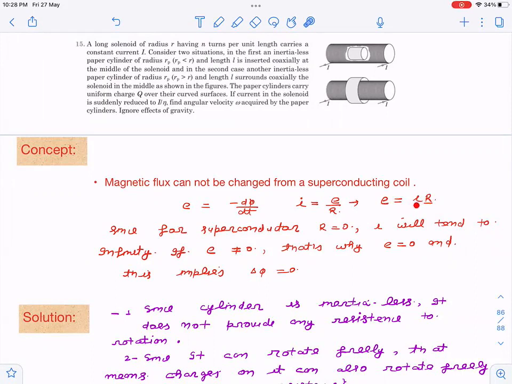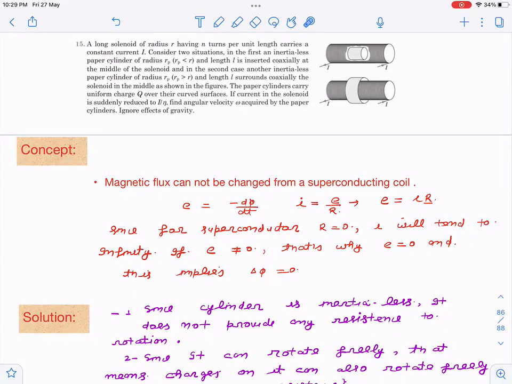I might take any non-zero value. So there might be a current in a superconducting coil, but there will not be any induced EMF. And if there is no induced EMF, then from Faraday's law there cannot be any change in flux. That is what is written here, right? A very, very useful property of a superconductor. The same thing I've written here, you can just go through this.